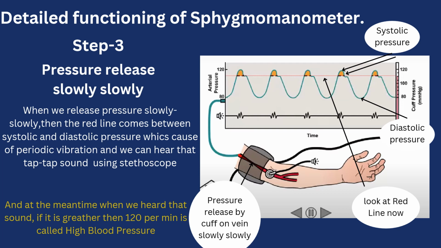At the moment when we hear that sound, if it is greater than 120 per minute, it is called high blood pressure. Please pay attention to that red line. There is some wave formed over the red line, and that is the cause of the vibration. When the vibrations start, at that point we call it high blood pressure.